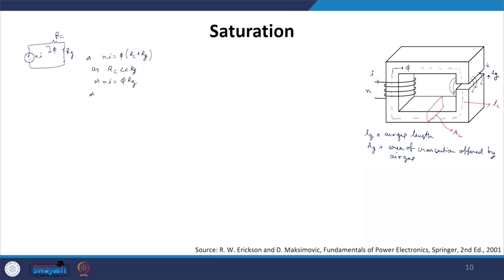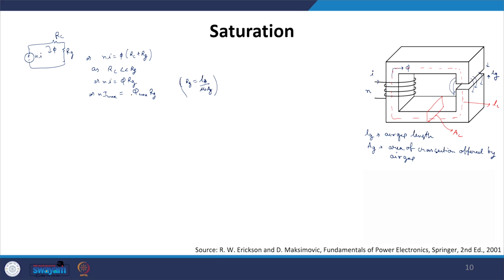That is, the Ni for the maximum value of the inductor current is nothing but phi max times Rg, because Rg will not change, as the Rg value is nothing but Lg by mu naught Ag. And once you select the core and define the air gap length, your Rg value is not going to change, as the Rg value depends upon the dimensions.